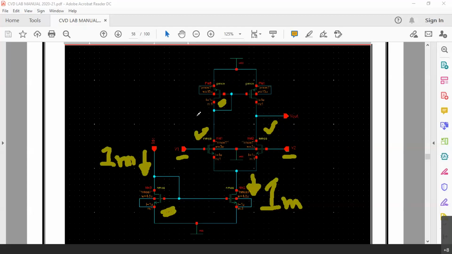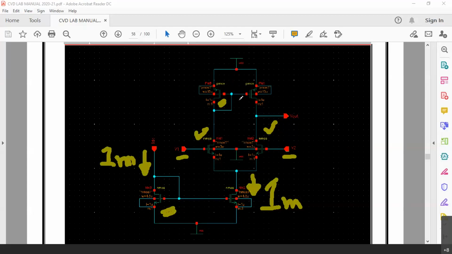When the gate and the drain are shorted, the PMOS device is going to work in saturation. We are preventing its linear operation, means we are preventing it from completely turning on. The gates are shorted here, and the sources are connected to VDD. That means the VGS of the left side PMOS is the same as the VGS of the right side PMOS.